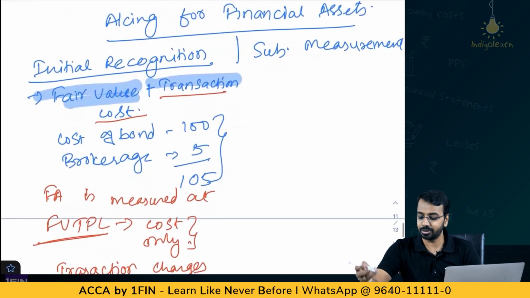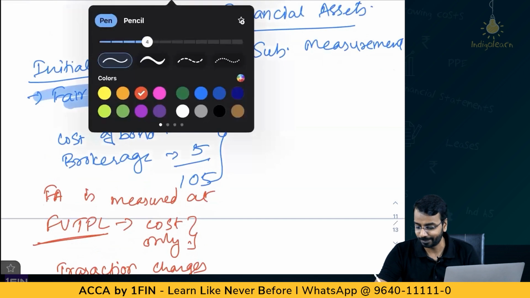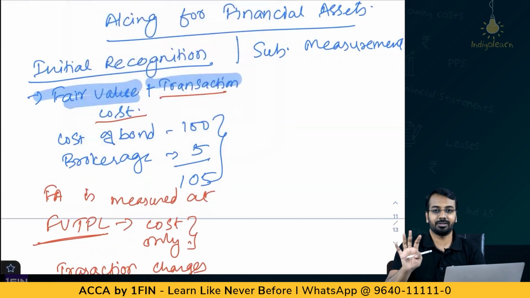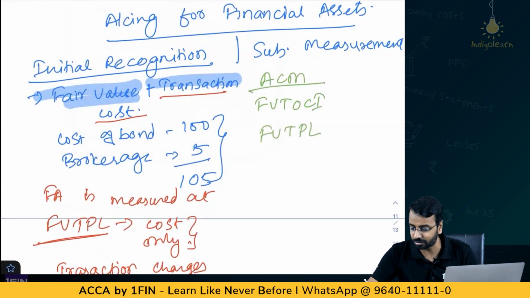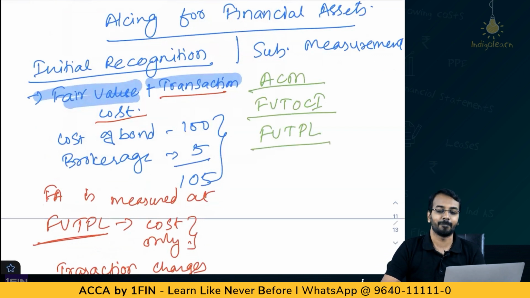Now, when it comes to subsequent measurement, there are three ways to do it. One is called the amortized cost method. The second one is fair value through other comprehensive income, and the third one is fair value through P&L. Okay.